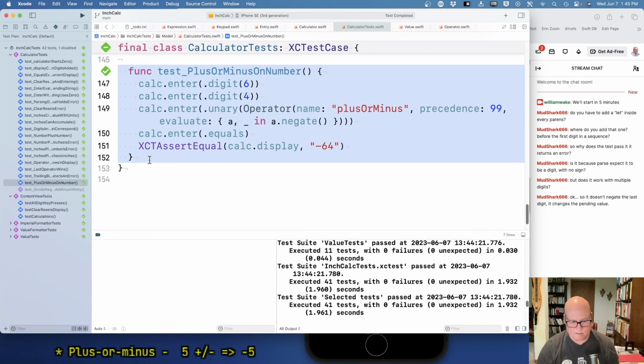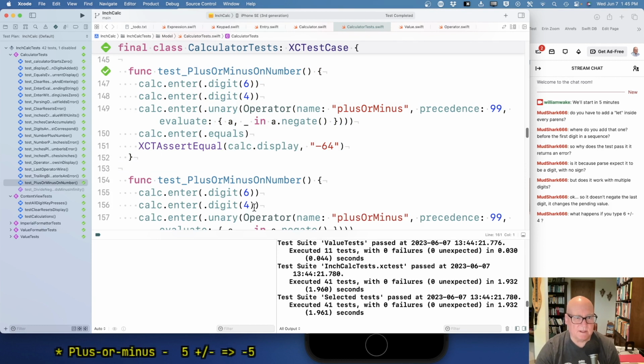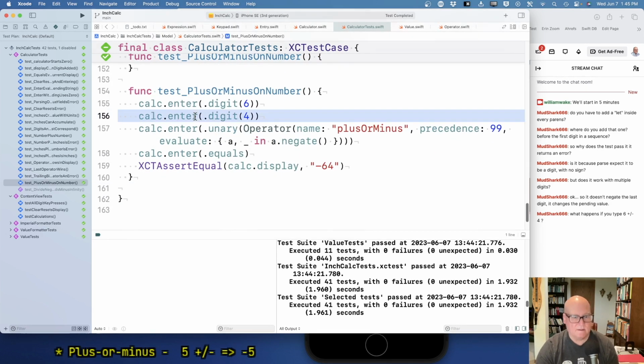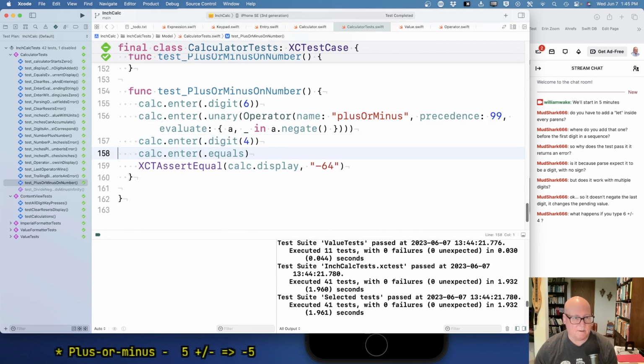Let's do this with units. That's a good question too. Let's do that. It should be an error. Whether it will be, I don't know. Because it's not a binary operator. Plus or minus.